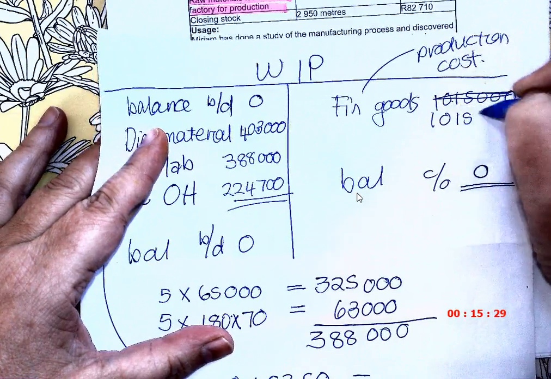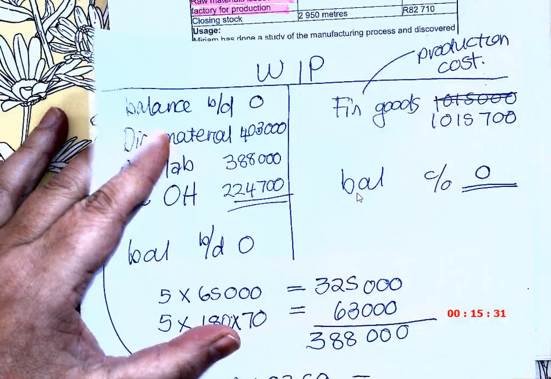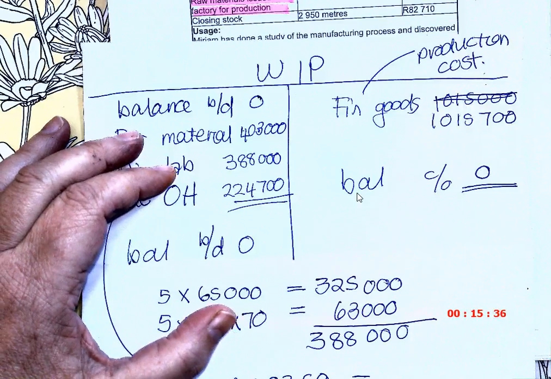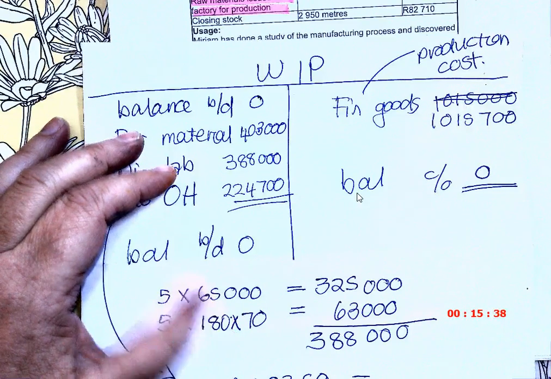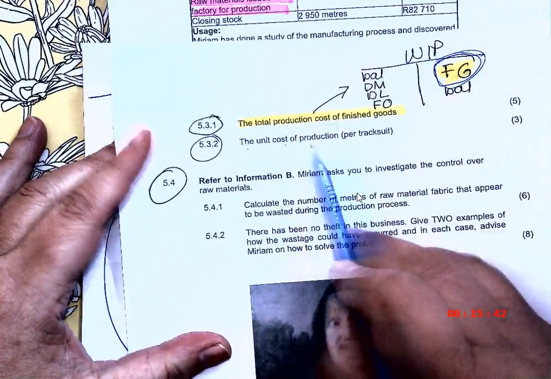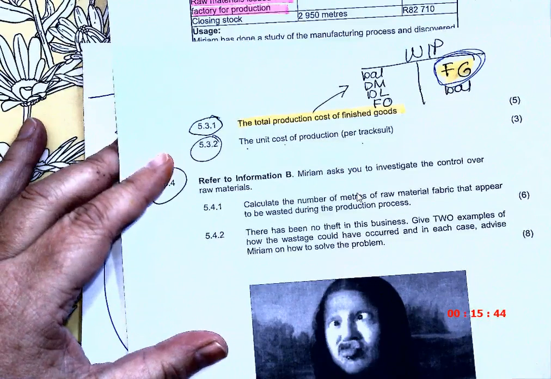1,015,700. Okay, there's my production cost. Now they ask me the unit cost of production. So what are you going to do?